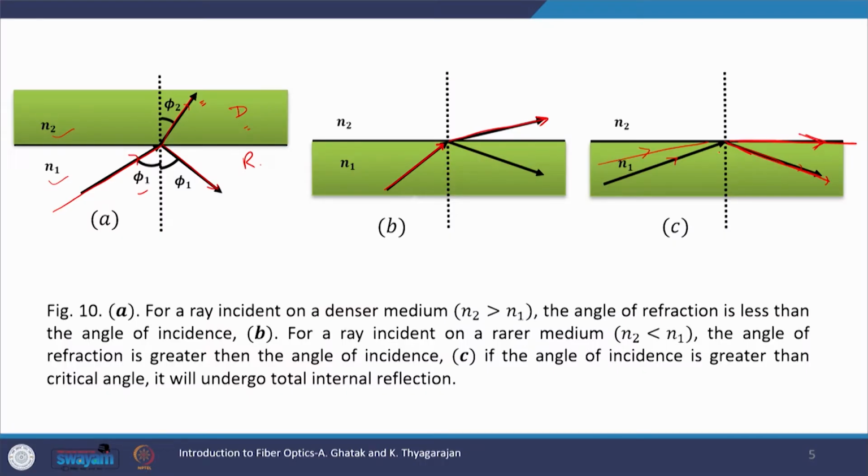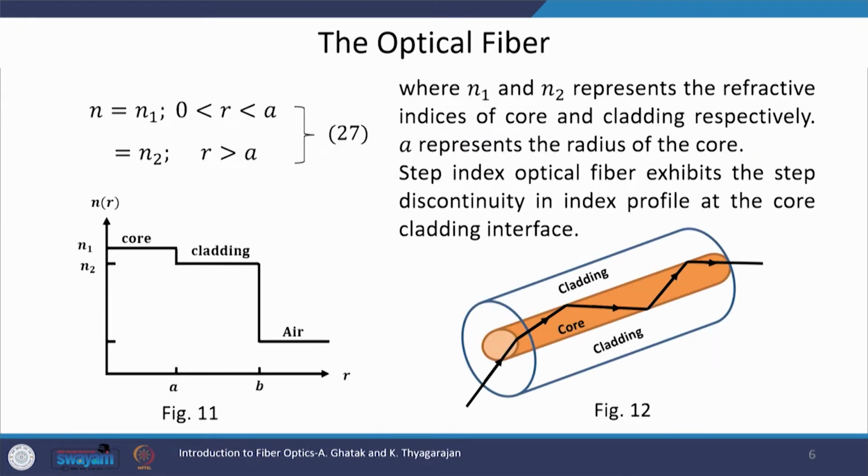The light rays being launched get refracted in the first medium itself. The same phenomenon is exploited in optical fibers also. In an optical fiber, as I said before, the core refractive index is larger than that of the cladding.